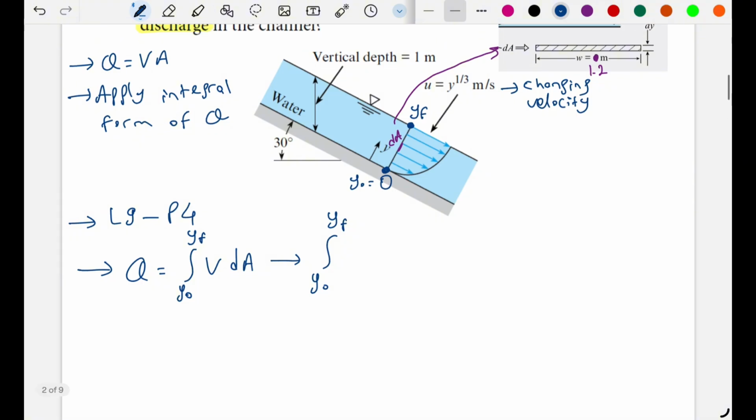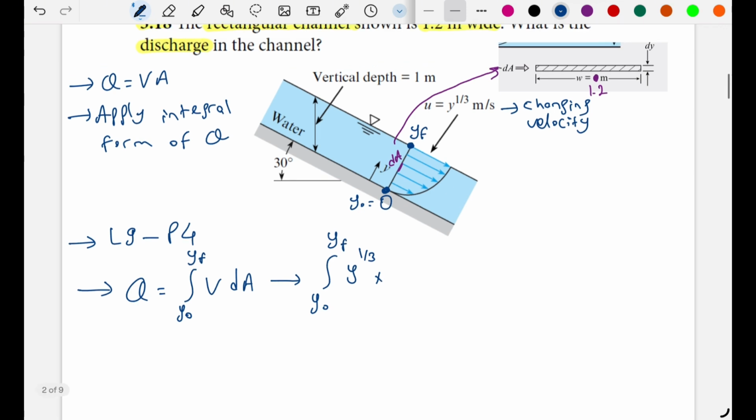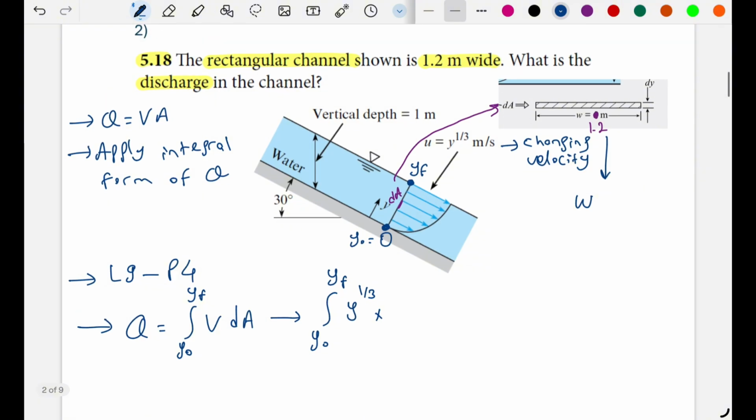Velocity will be y to the power of 1 over 3 meter per second. And the area, again, we are going to use width times this height.